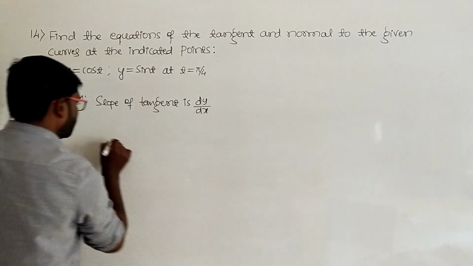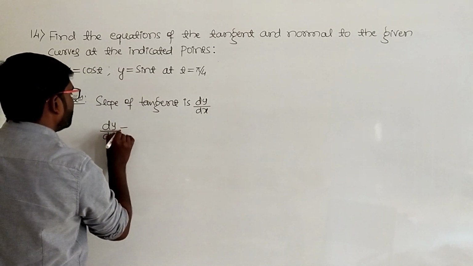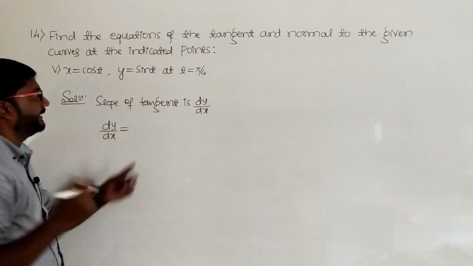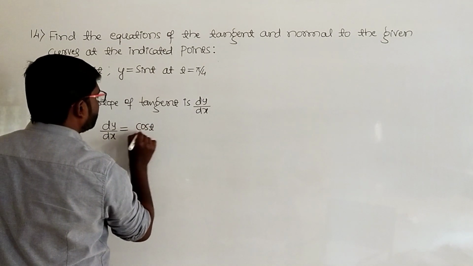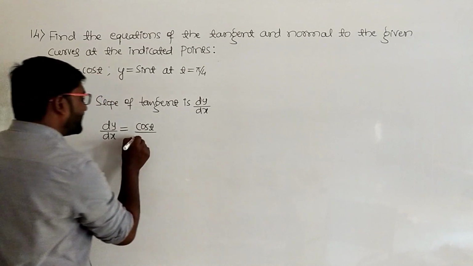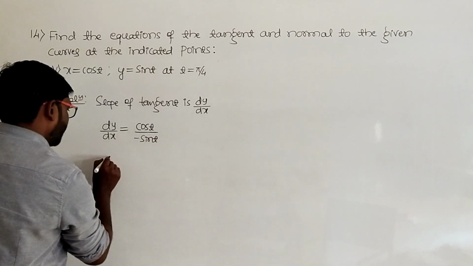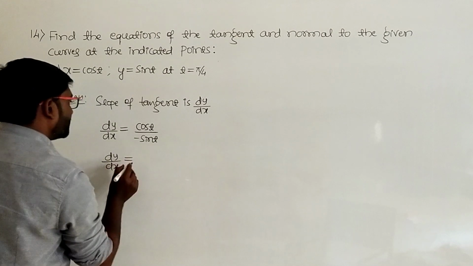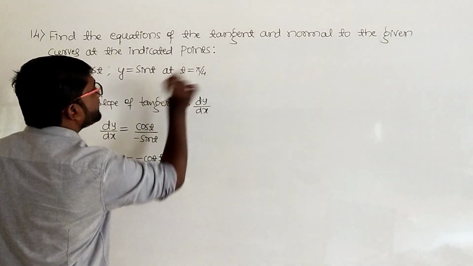Then dy by dx equals, what do we have now? dy by dt whole divided by dx by dt. So dy by dt is nothing but cos t, then divided by dx by dt. The derivative of cos t will be minus sin t, so it is minus sin t. So now dy by dx equals minus cot t, and the point is pi by 4.